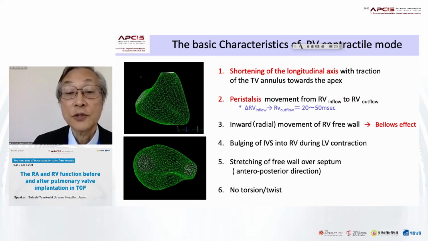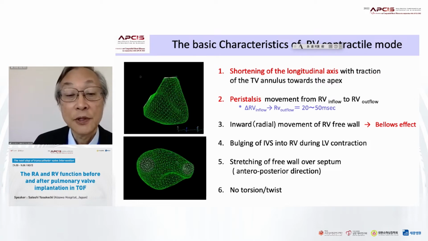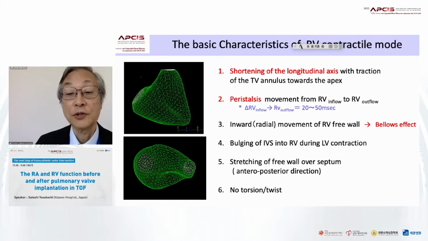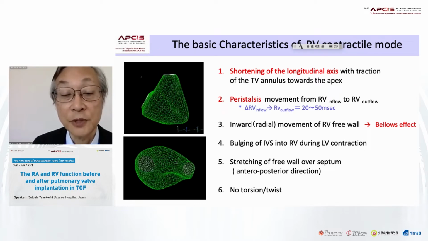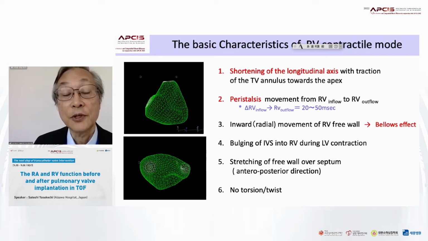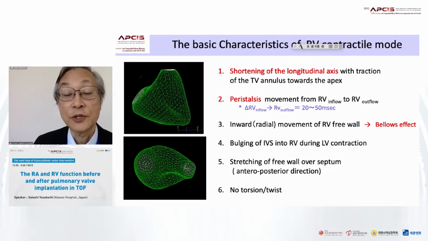There is inward movement of the RV free wall, called the bellows effect, and bulging of the interventricular septum into the RV during LV contraction, and stretching of the free wall over the septum from distal to posterior directions. The RV doesn't have any torsion or twist like LV contraction.